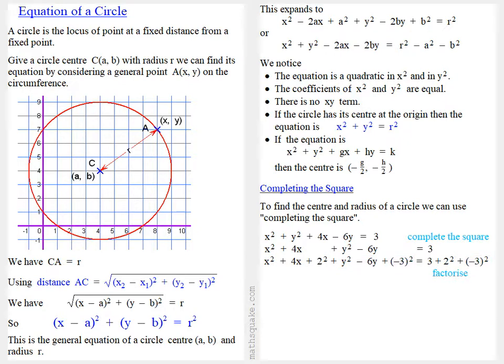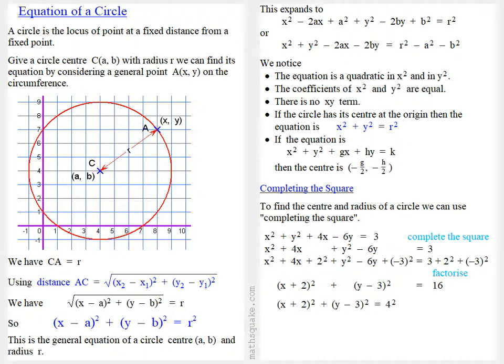Now we can factorise the left-hand side in 2 pairs. So x squared plus 4x plus 2 squared becomes (x plus 2) squared. And y squared minus 6y plus (minus 3) squared factorises as (y minus 3) squared. And the right-hand side simplifies to 16.